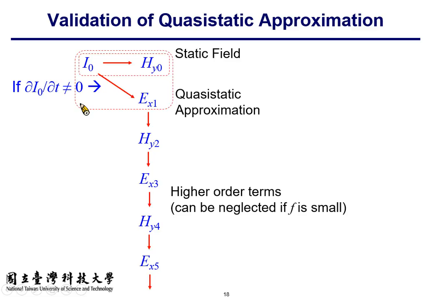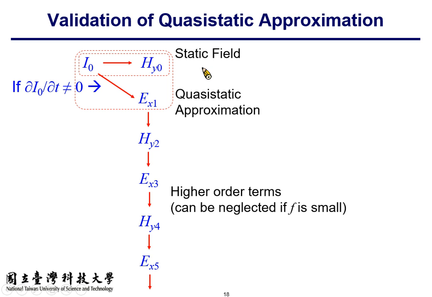Okay, so in the lectures of the previous week, we introduced the idea of quasi-static approximation, quasi-static circuit, which means that for lumped circuits, for conventional circuit theory, the fields can be represented with zeroth order fields and first order time variant fields.